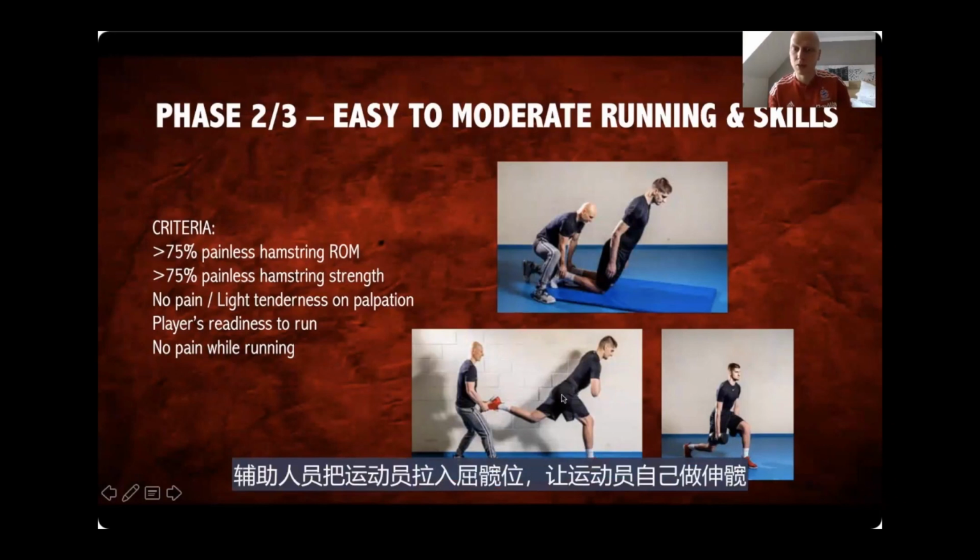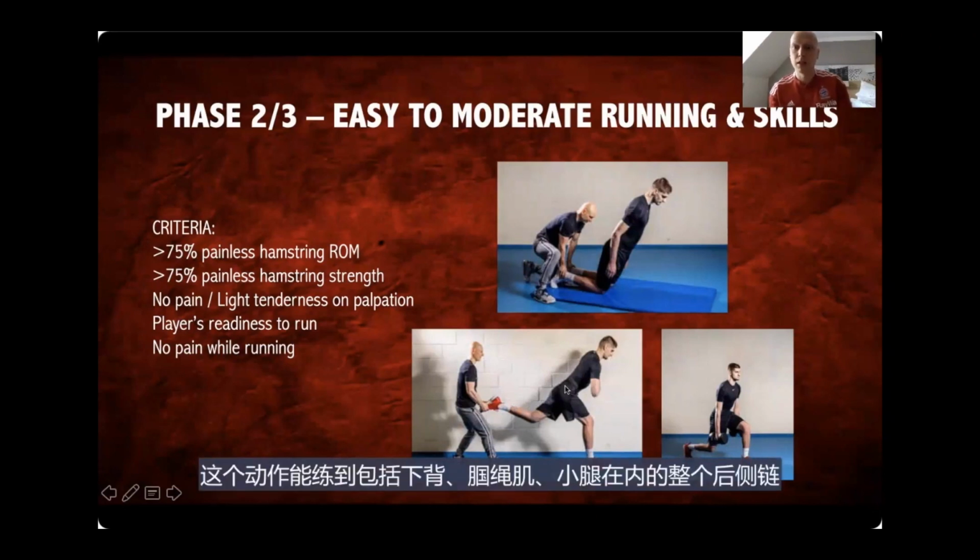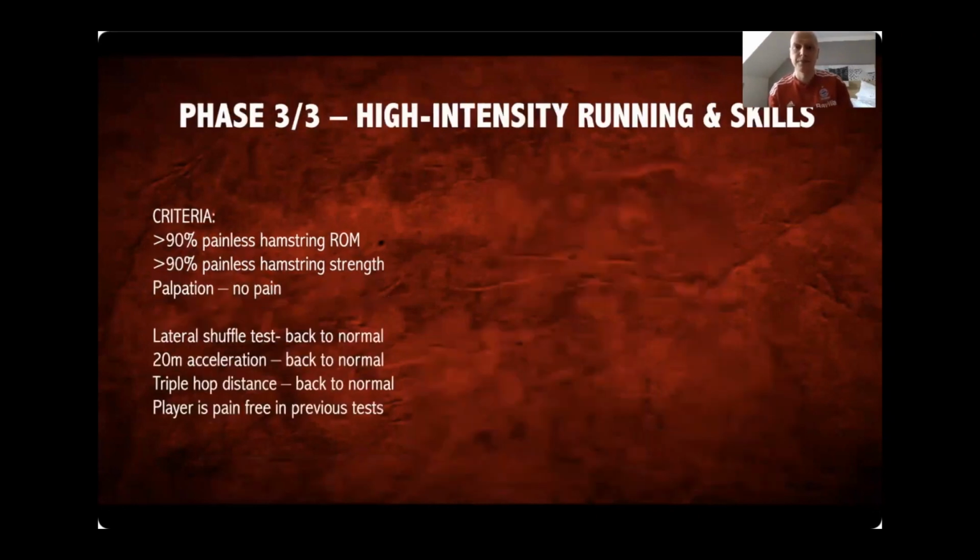The hip will go into hip hinge motion, and then by extending the hip, the player should come back to the starting position. And in that way, work on the low back, hip, hamstring, calf, posterior chain.